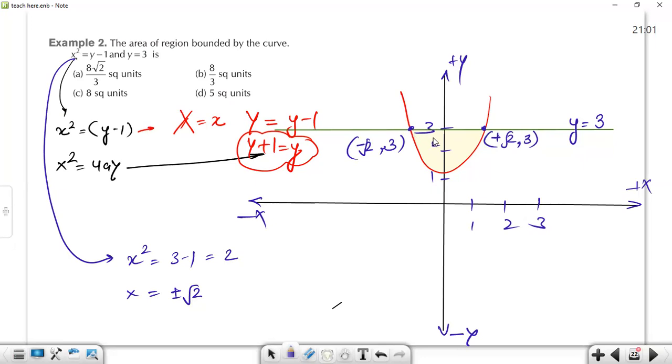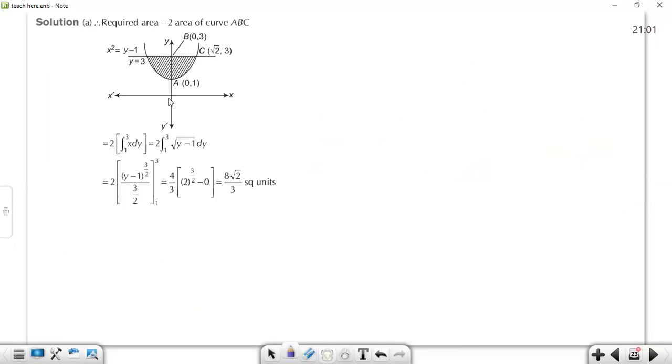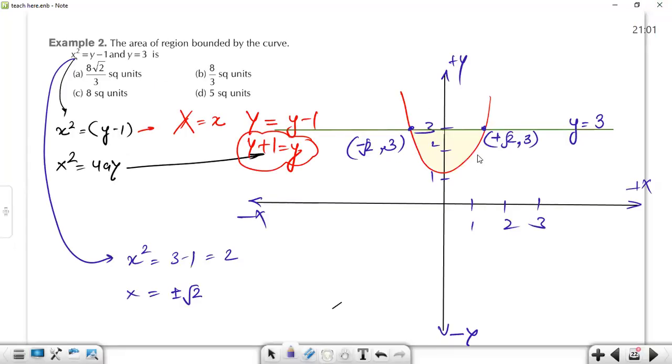Is this clear, everyone? As we know, the graph is symmetrical. I have drawn it a little unsymmetrical because of my drawing skills. So we can just find the area of this half and double it for our answer. Okay, are you with me, everyone?